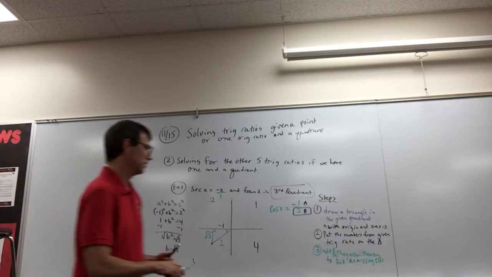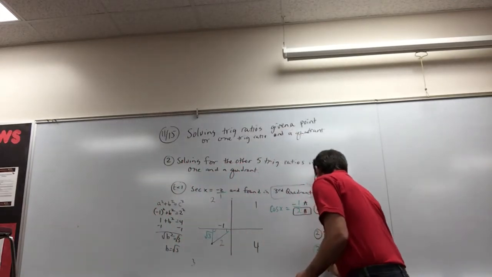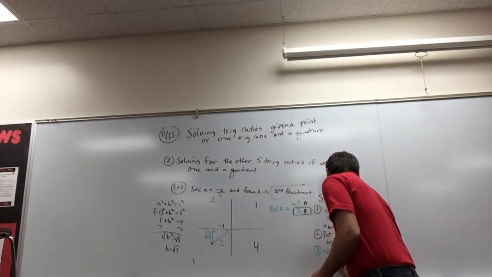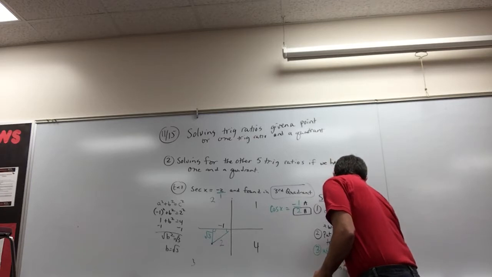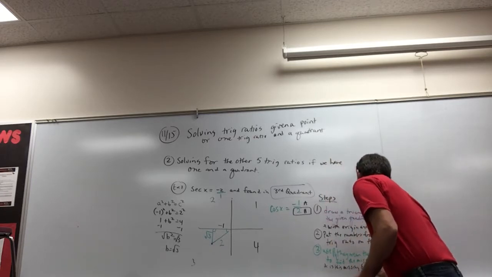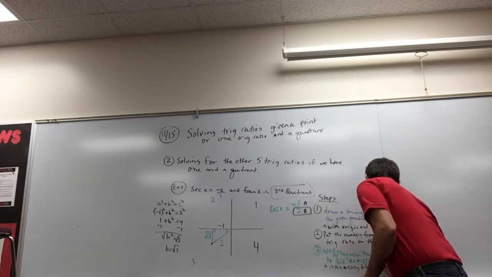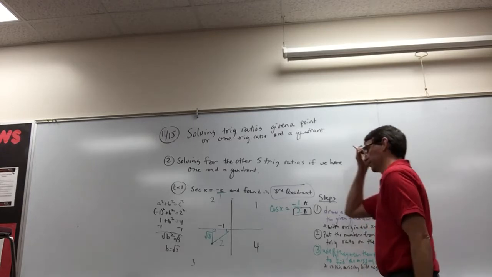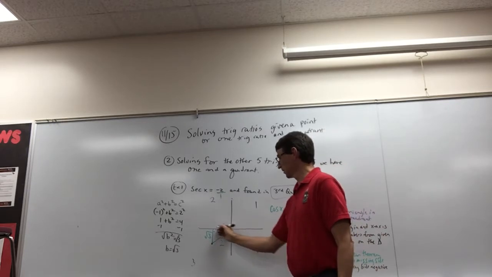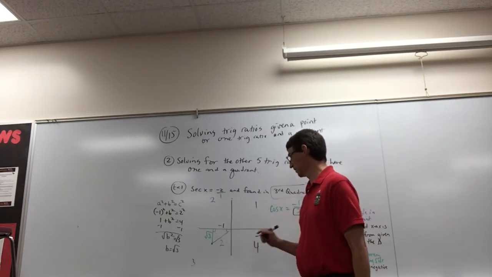Now the last thing we need to do is look at the sign. Is this missing side negative? And when you do this, what you're looking at is where are we on the triangle. Going to the left is negative, that's why the 1 is negative.